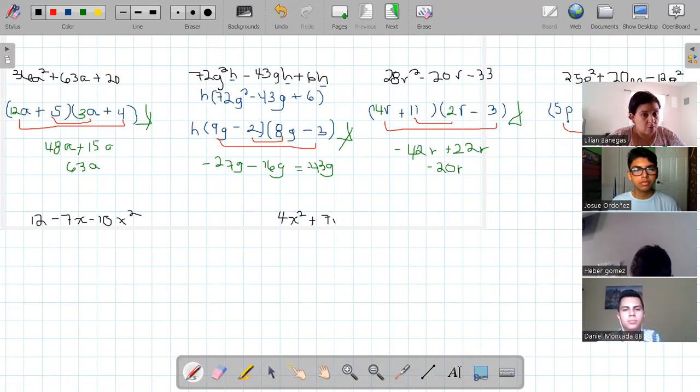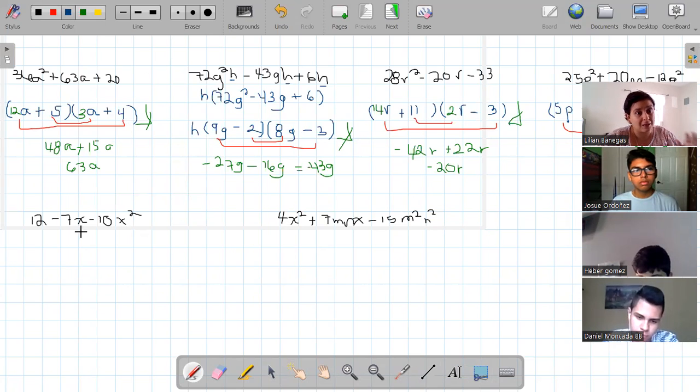Do we like working with a negative number in the first term of the trinomial? All right. We said that we usually work with the first term being positive, which is what we have. So what are we going to do? It's exactly the same thing.